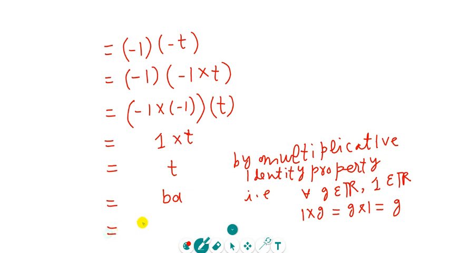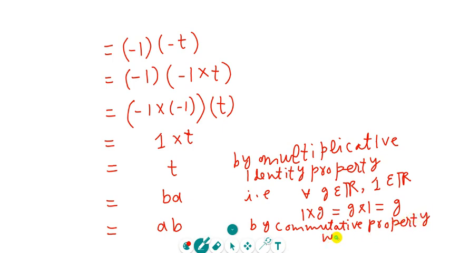So we know that the set of real numbers also satisfies commutative property with respect to multiplication. By commutative property with respect to multiplication, also see its form.